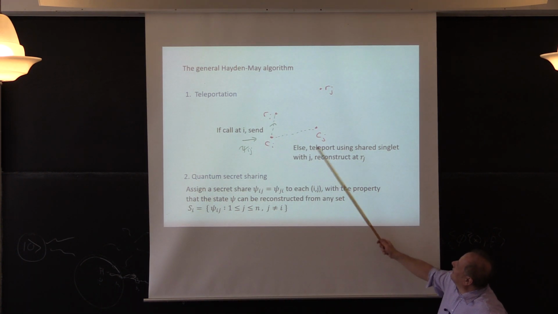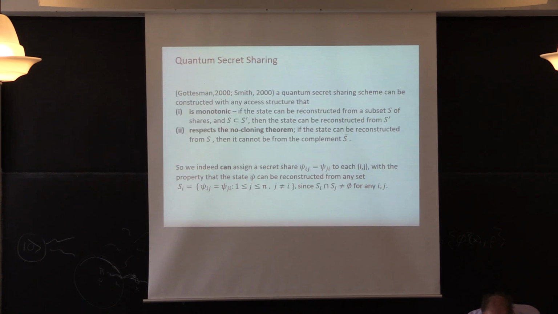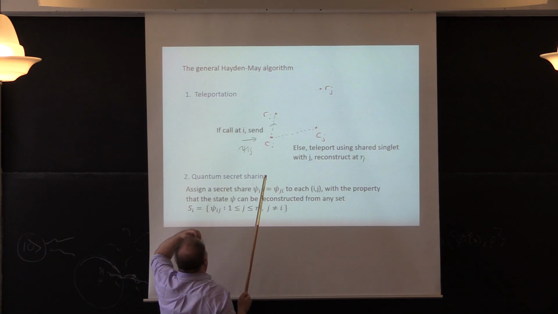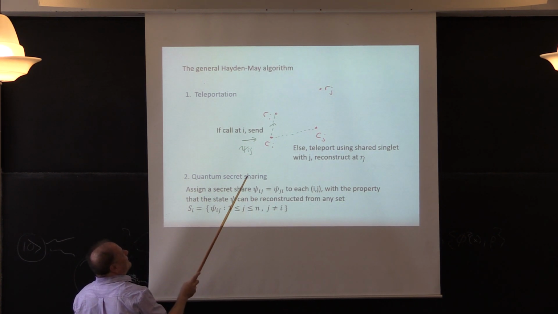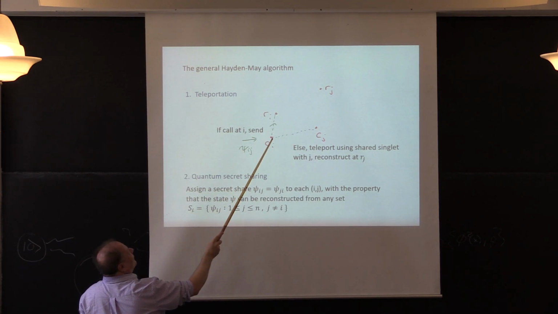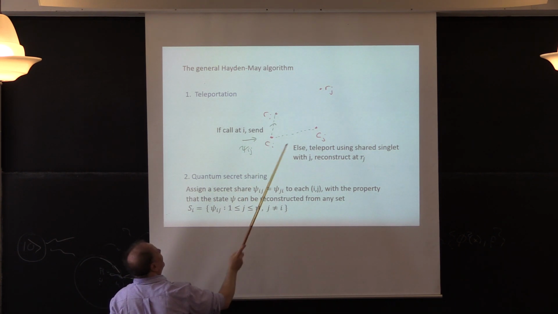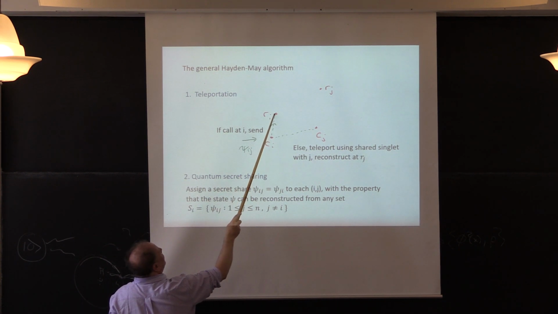So given that, and this slide, no, let me stick with this for a minute then. If you think about what this means, it means that if you get a call at Ci, for each pair of diamonds that includes i, so for each ij, the state psi ij will be returned to Ri.